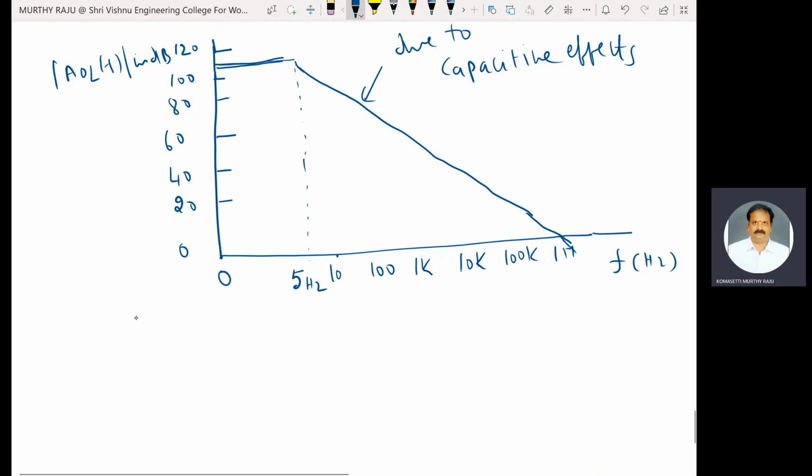Some points are to be discussed here with the help of the above graph.